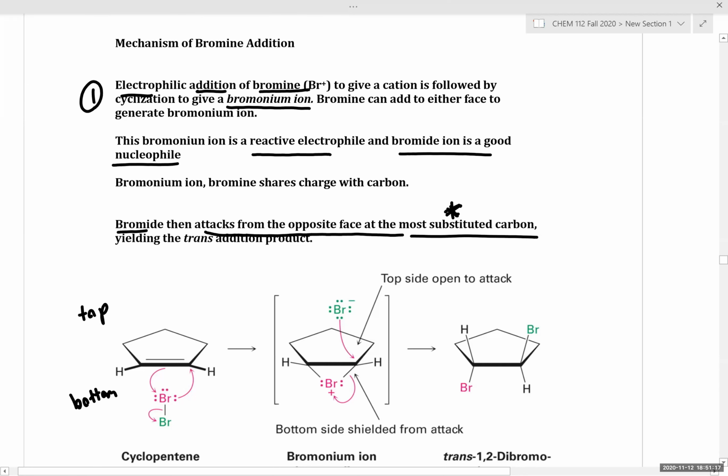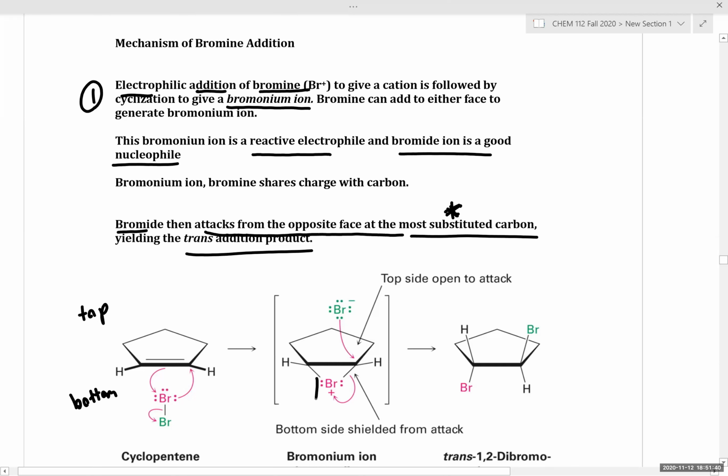Again, this brings to mind the idea of a carbocation-like intermediate. So in this case, we see stereospecificity, where we will always observe attack of bromide from the opposite face to our bromonium ion, giving us exclusively the trans addition product.